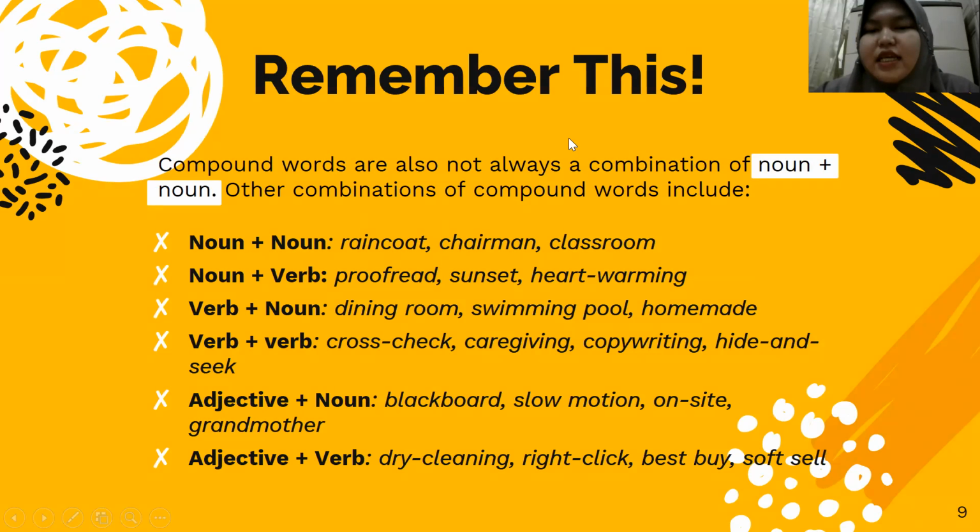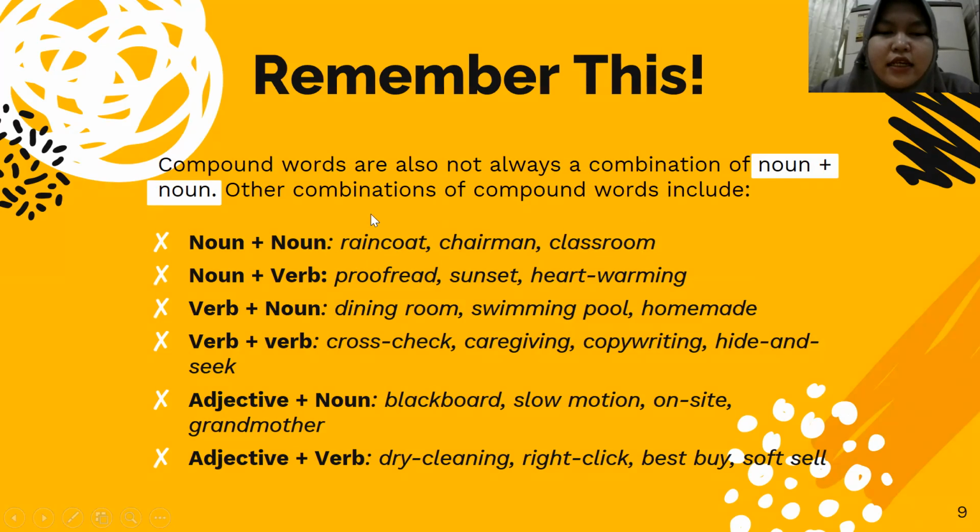Okay, remember this. This is the reminder message. Compound words are also not always a combination of noun plus noun or verb plus verb. Other combinations of compound words include, first, noun plus noun. For example, here is raincoat, chairman, classroom.